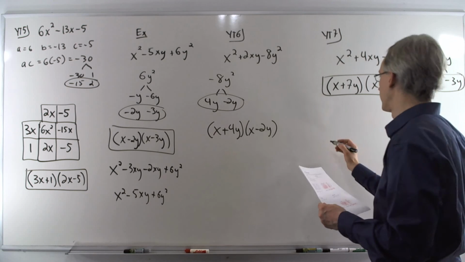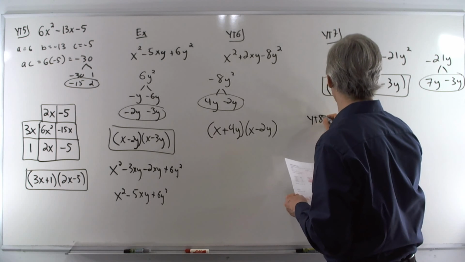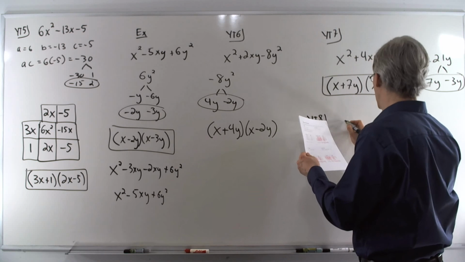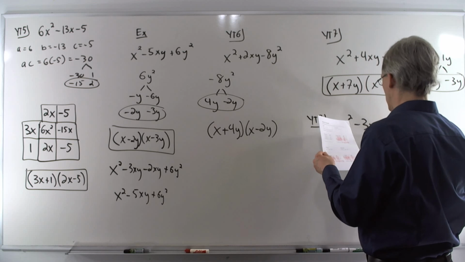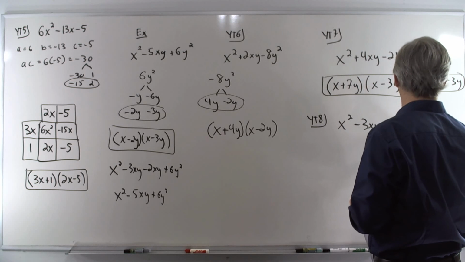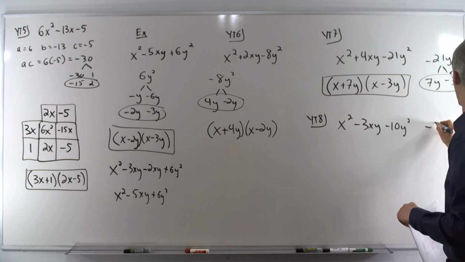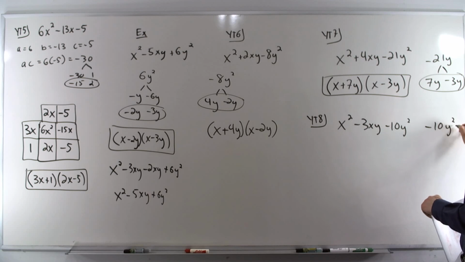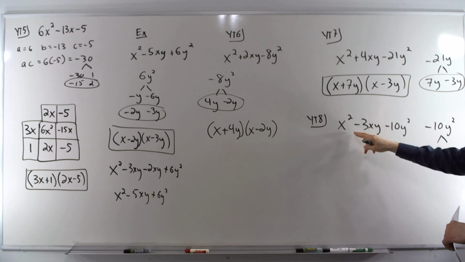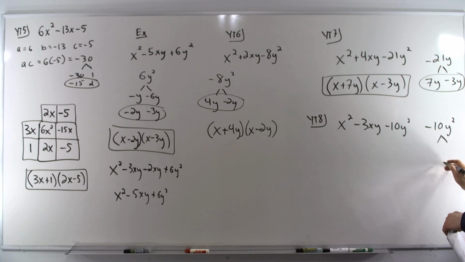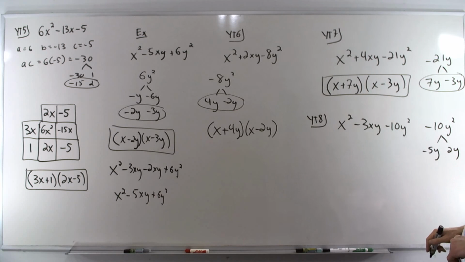Okay, your turn, number 8. All right, now we want two expressions that multiply to get negative 10y squared and add to get negative 3y. So that's going to be negative 5y and 2y.